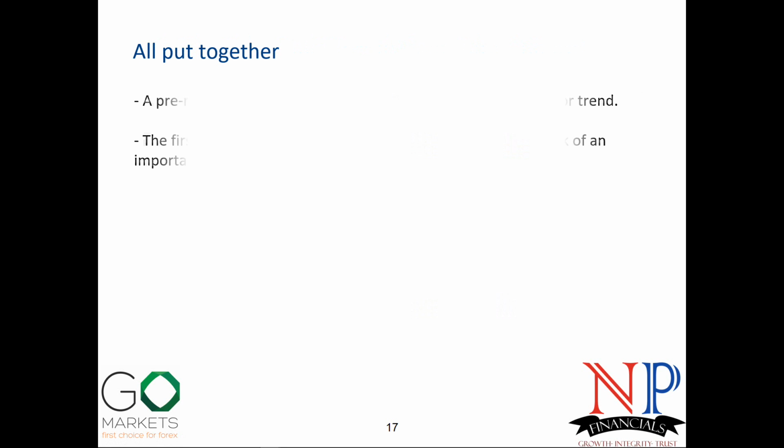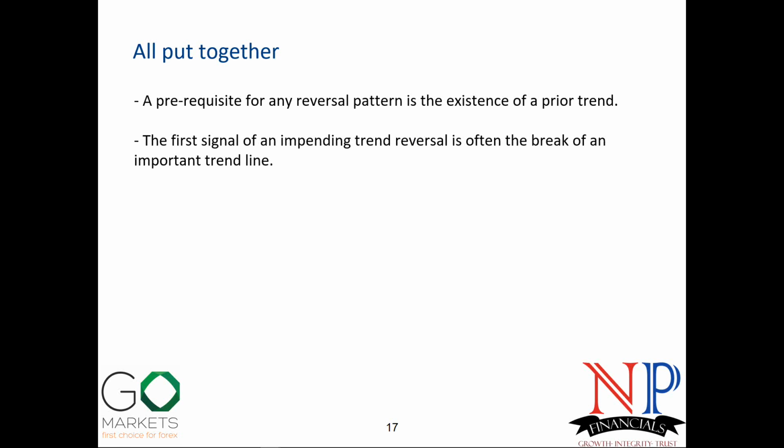Moving on, I'll put together a prerequisite for any reversal pattern: the existence of a prior trend. This is extremely important. If we want to see a double bottom, we must see a downtrend. The first signal of an impending trend reversal is the break of an important trend line.